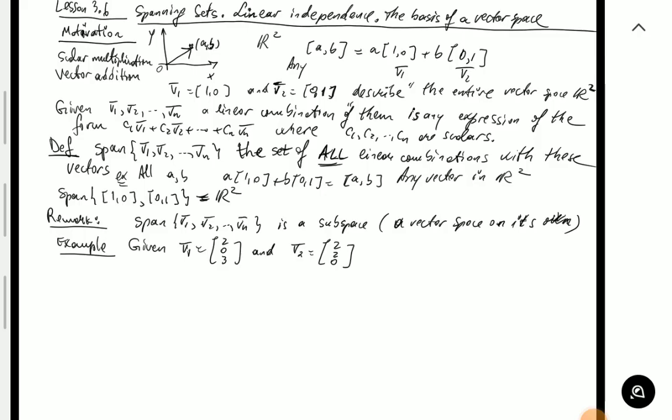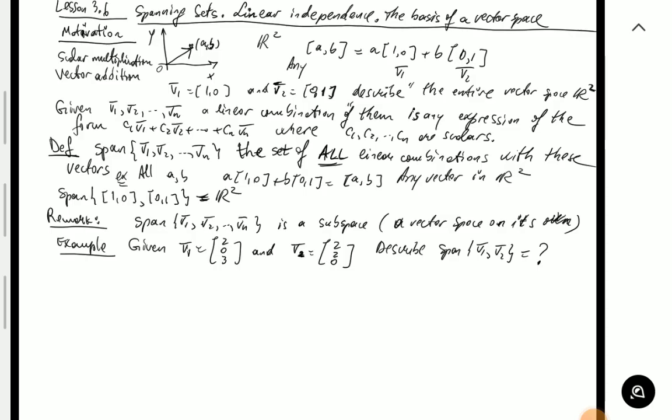And then the question is to describe the span of these two vectors, V1 and V2. It's kind of a vague question, but sometimes it can be a geometric question if you have R2, R3, and so on, because in R3 you can represent these vectors by points in the three-dimensional Cartesian space.